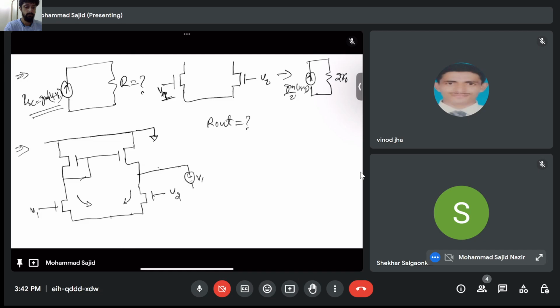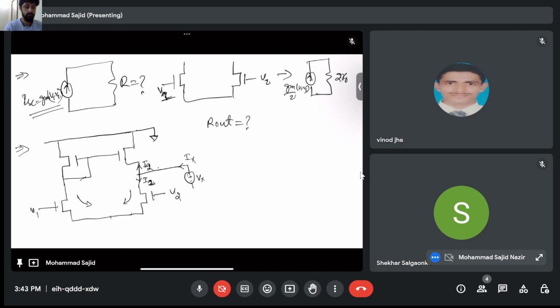Connect a test source Vx, so that a current of Ix flows through it, and this Ix will go in these two directions, right? Okay, clear?